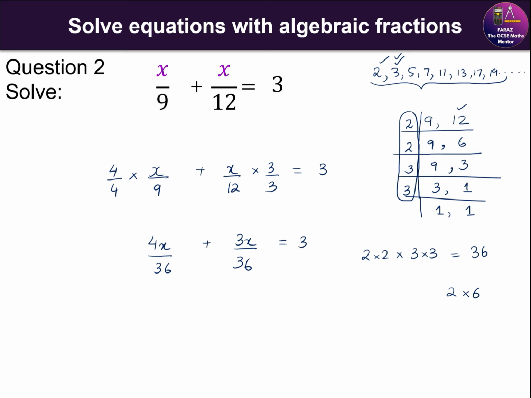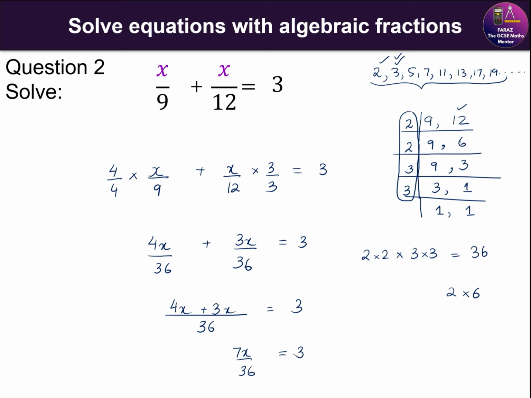Then after this step, we can write it as a single fraction like this, because 36 and 36 is a common denominator. So 4x plus 3x over 36, and 4x plus 3x is 7x over 36 equals 3.